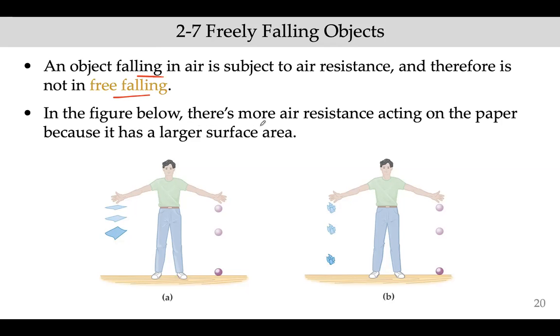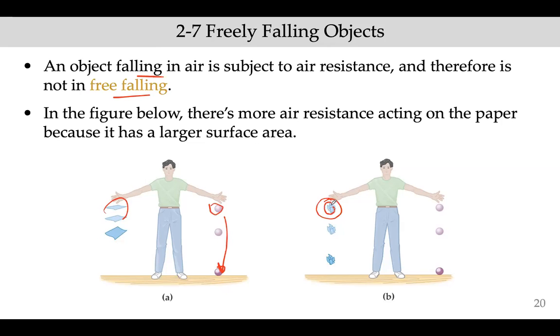In the figure below, there's more air resistance acting on the paper because it has a large surface area. If you drop a paper like this and a ball, the ball will actually reach the ground faster than the paper does. But what if you crumble the paper like this, so it becomes almost like a ball.